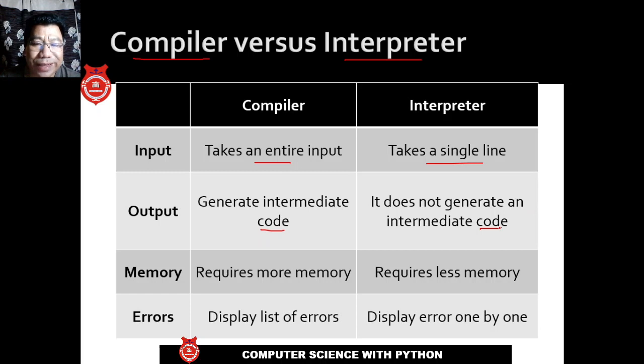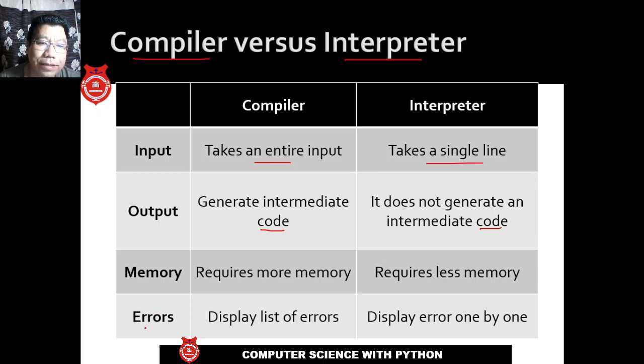In terms of memory, the compiler requires more memory because it needs to compile all the lines of the source code that you have written at once. But the interpreter needs less memory because it is compiling line by line.